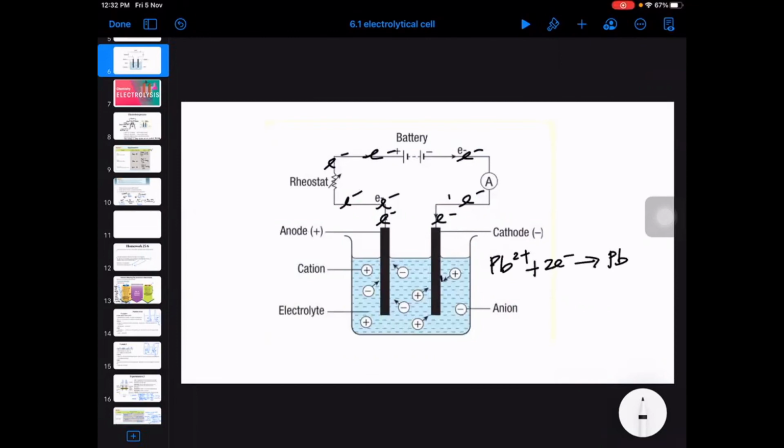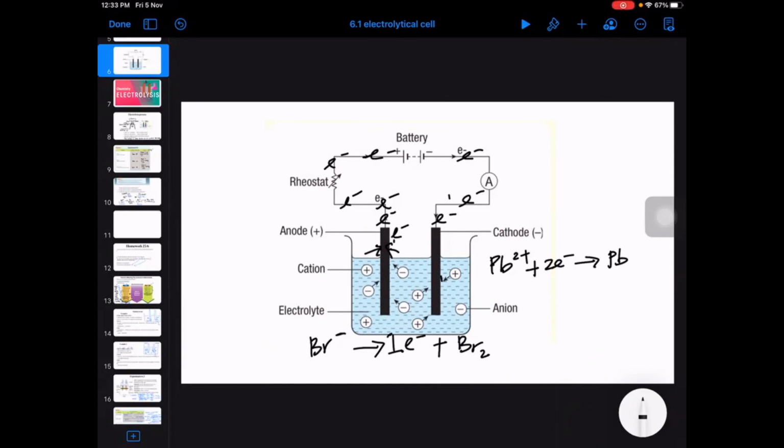And what happened here at the anode is the bromide negative charge will throw away one electron. It doesn't want this electron, and it will become a bromine gas. So this electron will go to the cathode and flow back to the wire. So this is the movement of the electron.